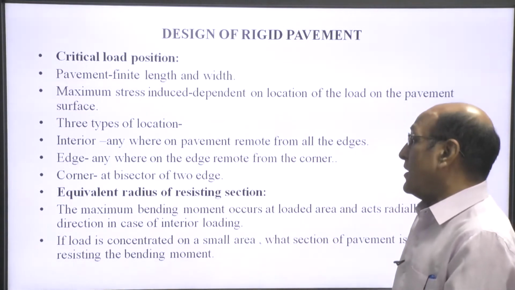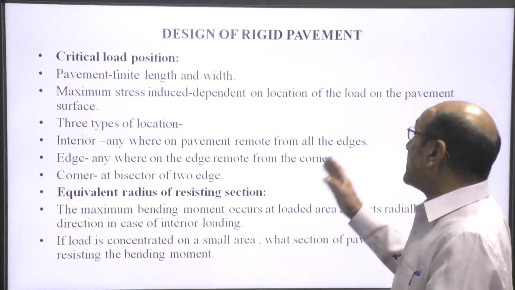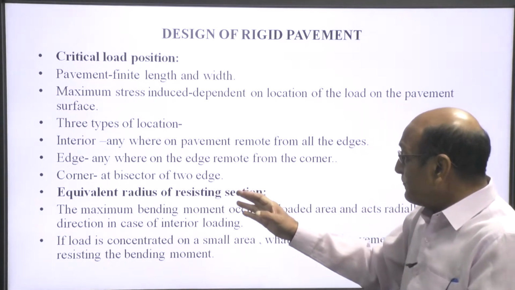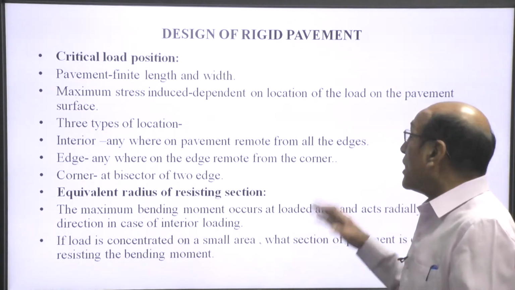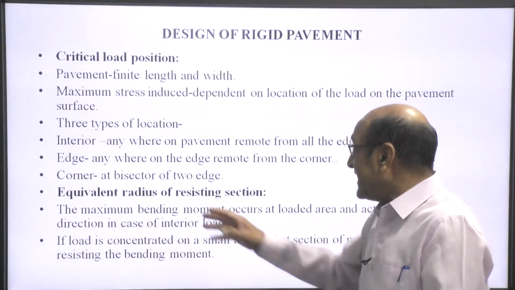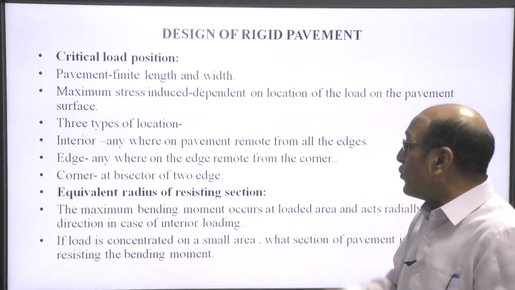There are three types of location. First is the interior, anywhere on the pavement remote from all edges. Second is the edge, anywhere on the edge remote from the corner, and the corner, at the bisector of two edges. So, these are the three locations.